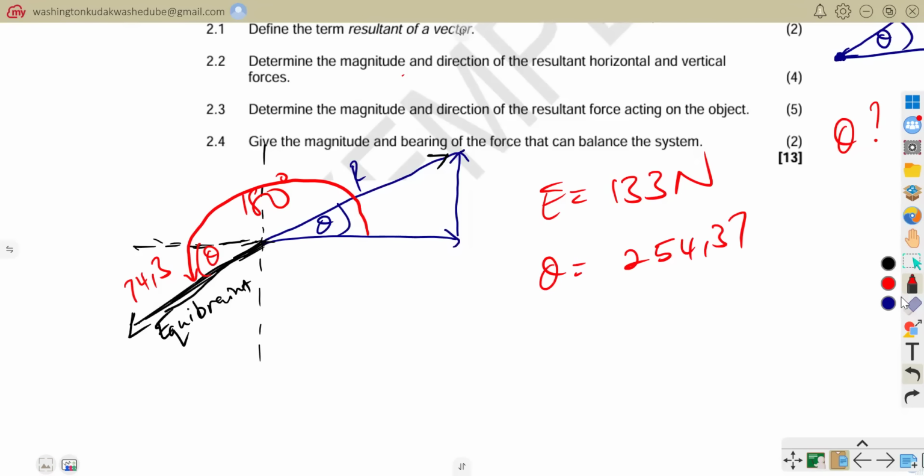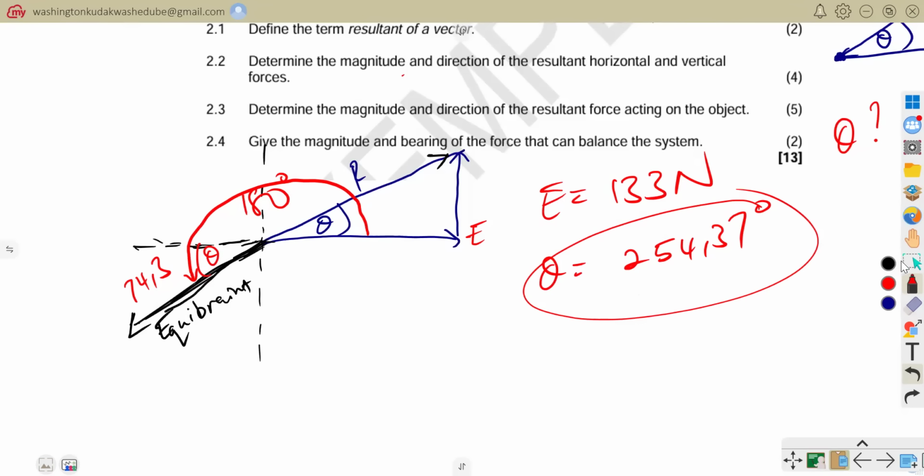So we are saying that we have got this force being our equilibriant and being in that direction using the bearing. So it will be from here going to there. This means that you have to move from the east going anti-clockwise to have 254.37 degrees.